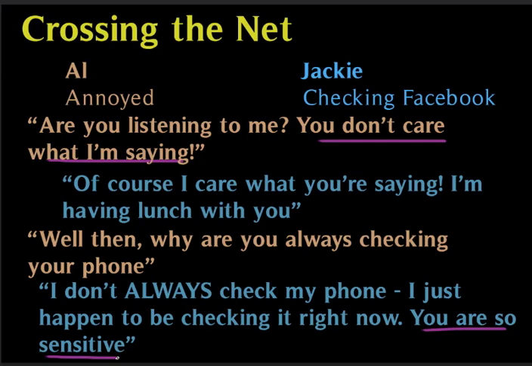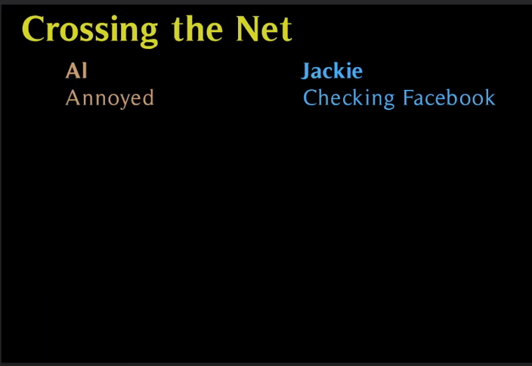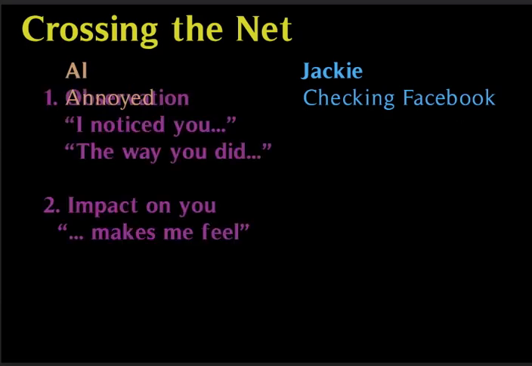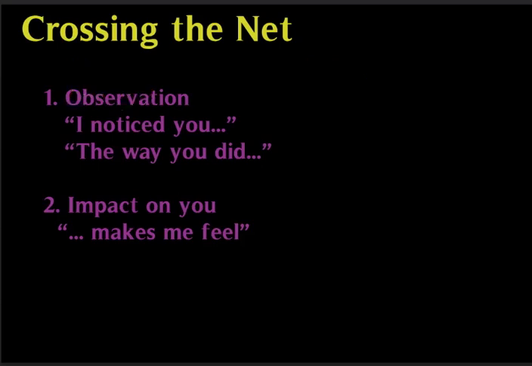How could a conversation like this have played out differently? Well, one way to do it is by making sure that each person stays on their side of the net. So let's just take this example of "you don't care what I'm saying," what Al said. If Al wants to stay on Al's side of the net, he would state first an observation, and then second, the impact on Al.